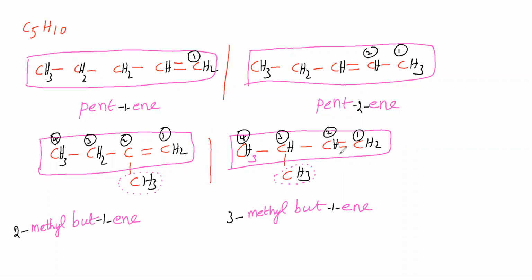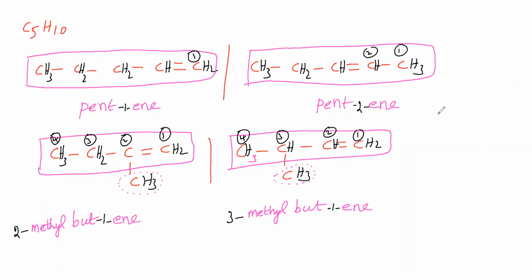Therefore we have to give numbering starting from the right only, not from the left. If you start from the right, then only the double bond will get the least position. Therefore numbering starts from the right only for this compound.